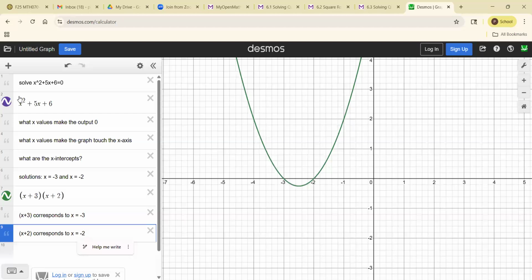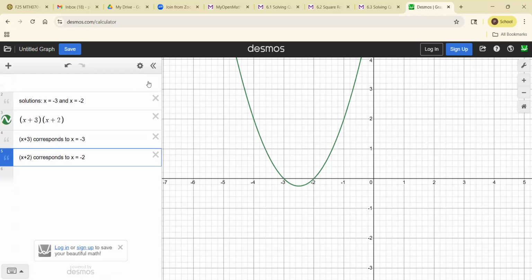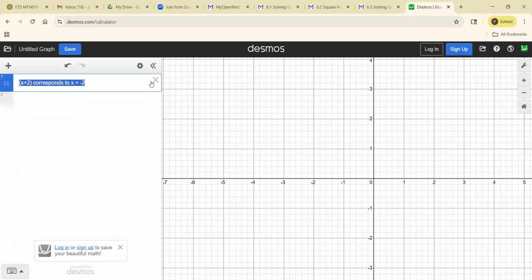So let's do another example on Desmos, and I'll switch back to my notepad. So delete all this. And let's solve. How about x squared minus 4x minus 21 equals 0?